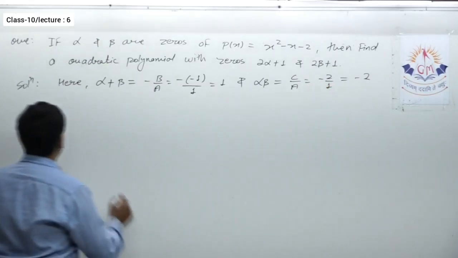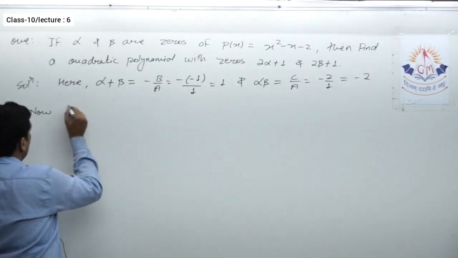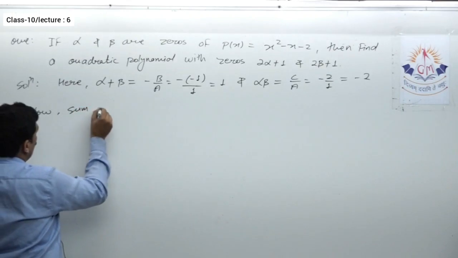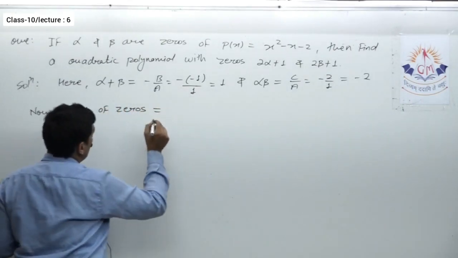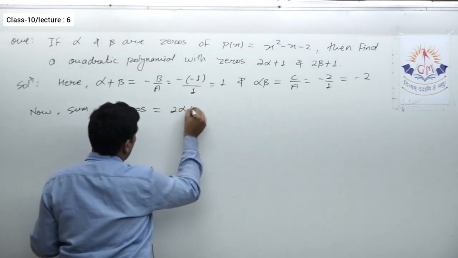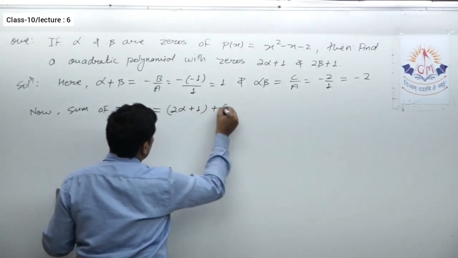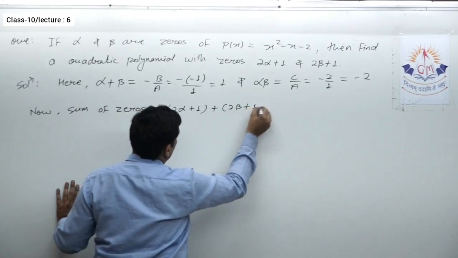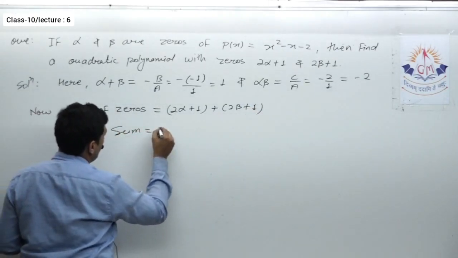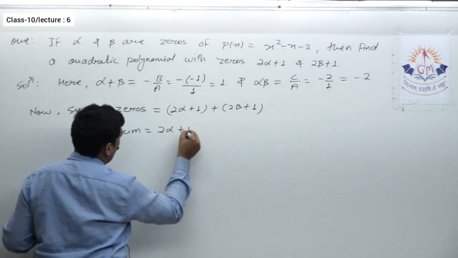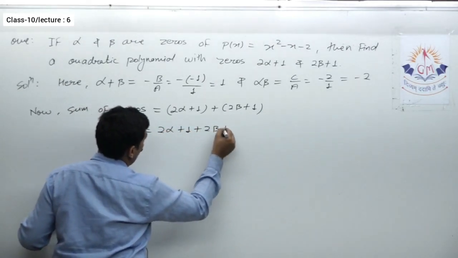So now the sum of zeros is 2 alpha plus 1 plus 2 beta plus 1. Here I am writing sum is equal to 2 alpha plus 1 plus 2 beta plus 1.